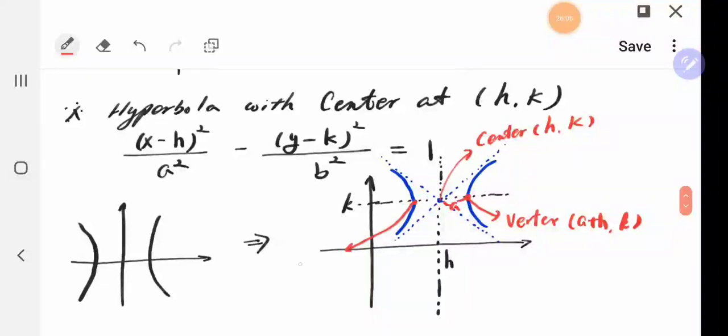It was originally negative A, so negative A plus H, and the Y value is K.